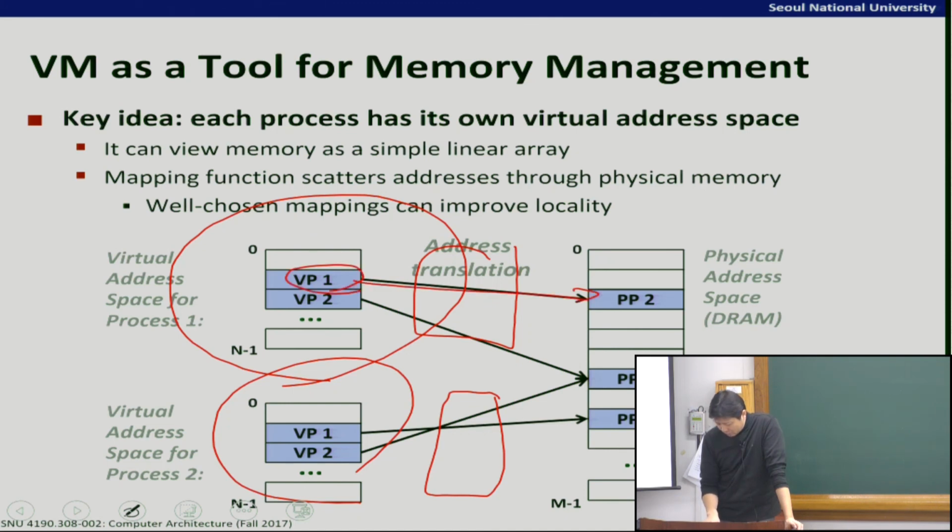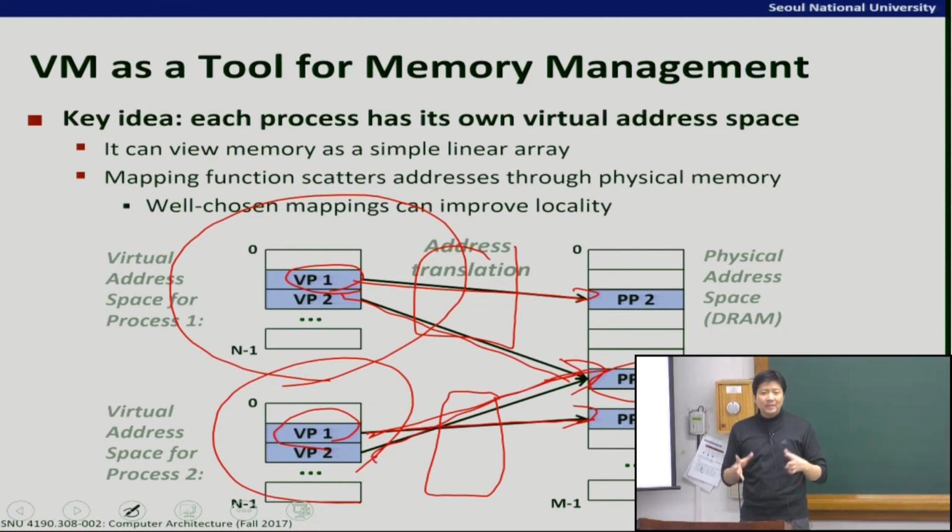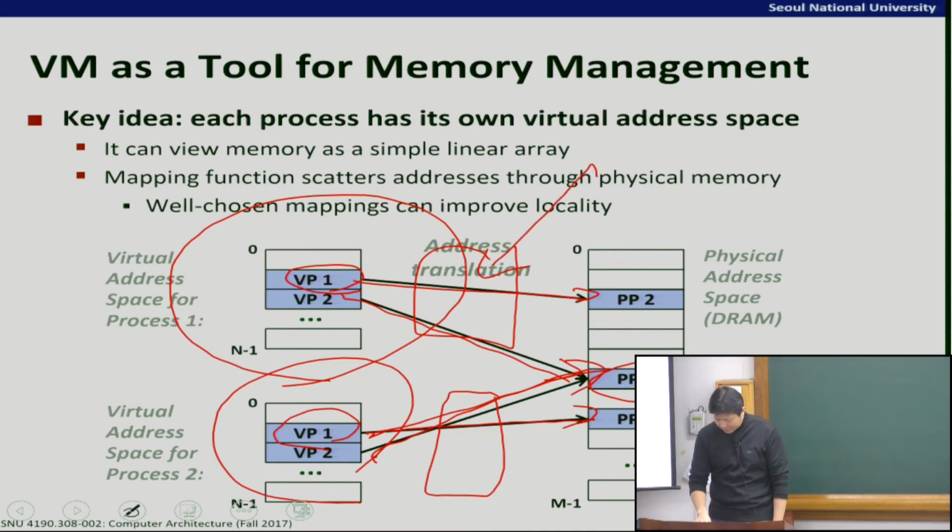VP1 is mapped to physical page 6, and in the second process VP1 goes to physical page 8 and VP2 goes to physical page 6. This makes it easier to share the memory, because by manipulating the page table, we can make a virtual page point to an arbitrary physical page.